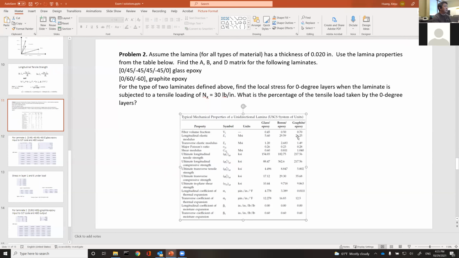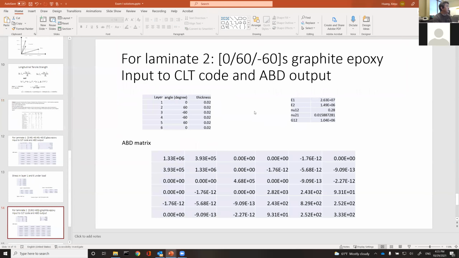You see the big difference here. For graphite epoxy, E1 is 26.25 MSI. MSI is a million PSI. KSI is a kilo PSI, which is 1,000 PSI. So 26 million PSI is the E1 for graphite epoxy.